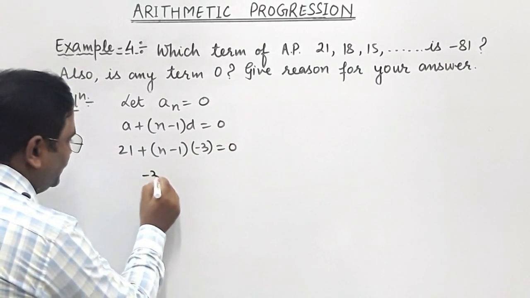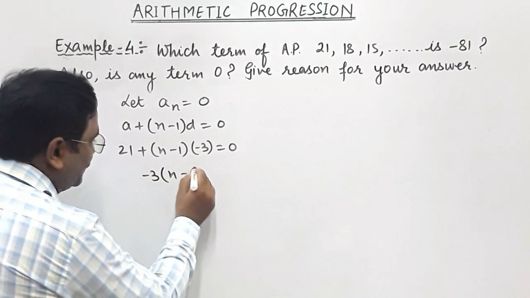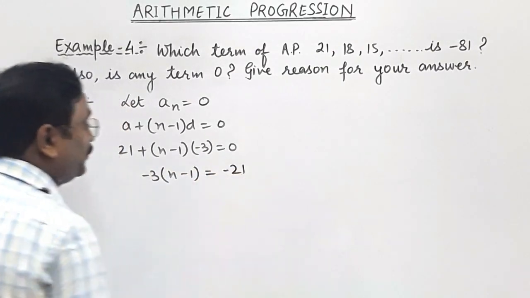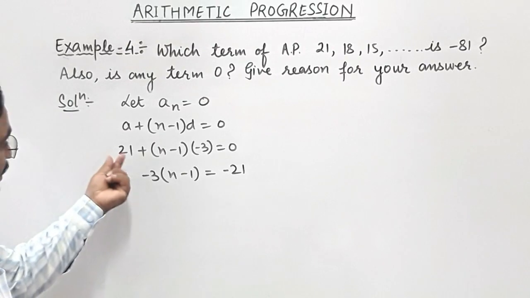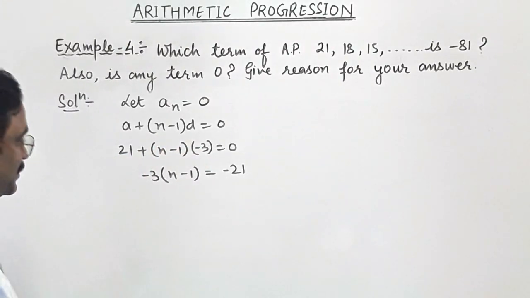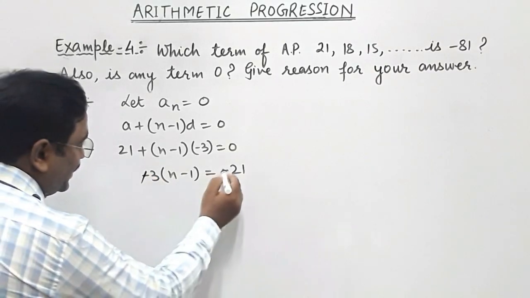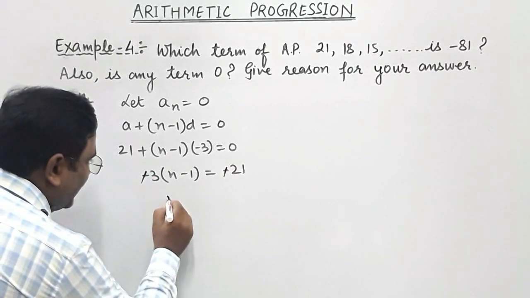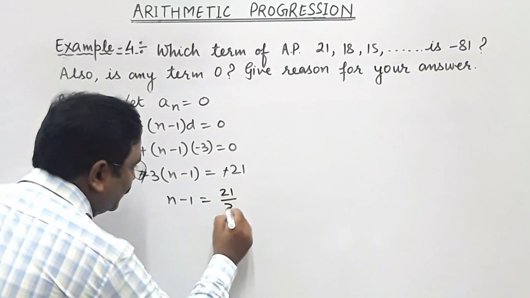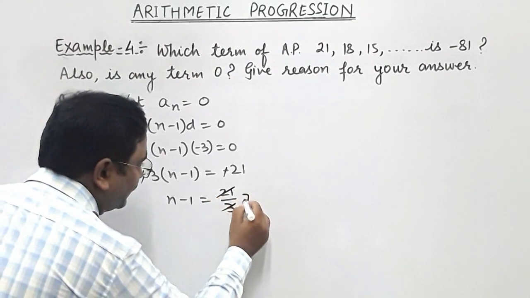So minus 3 into n minus 1 is equal to minus 21. What we have done is transpose 21 to the right side. Now let us simplify it. It is cancelled. So n minus 1 equals 21 upon 3, which is 7.